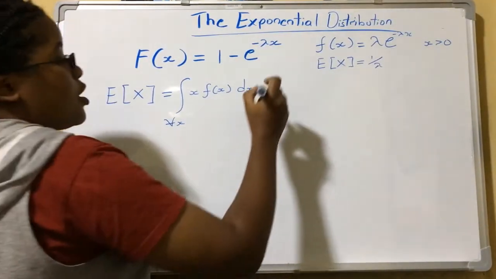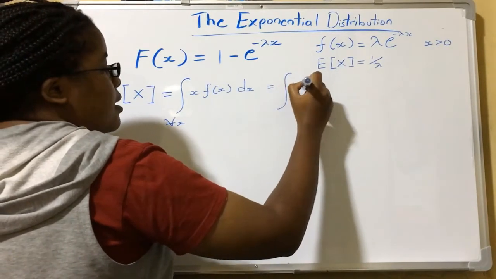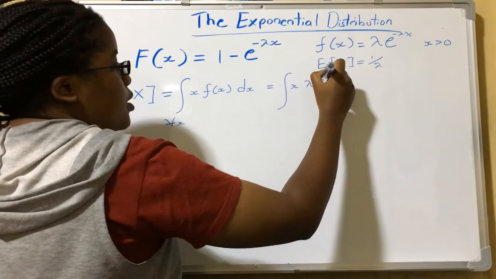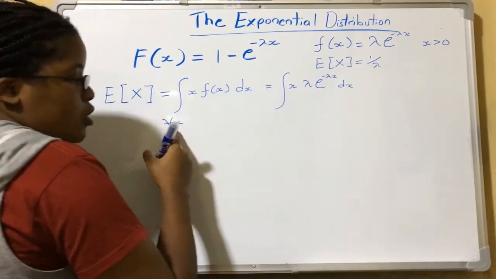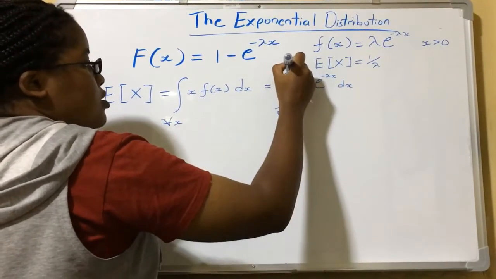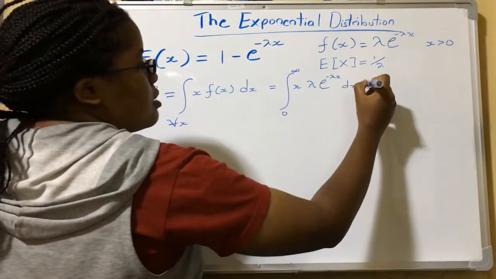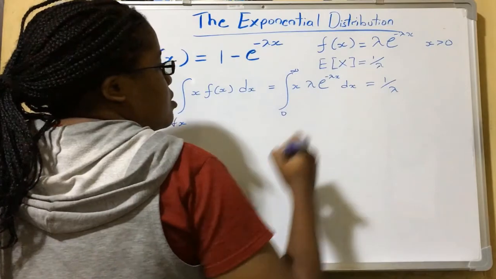So for the exponential distribution, we need to integrate x times its PDF, which is lambda exponential minus lambda x, dx, where the smallest value for x is 0 and the largest is infinity.